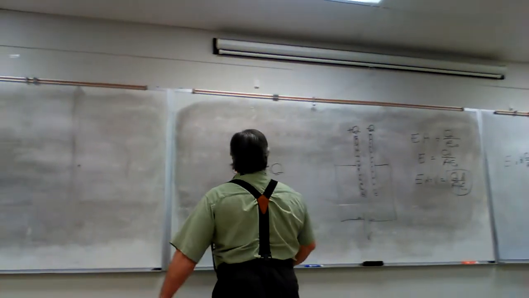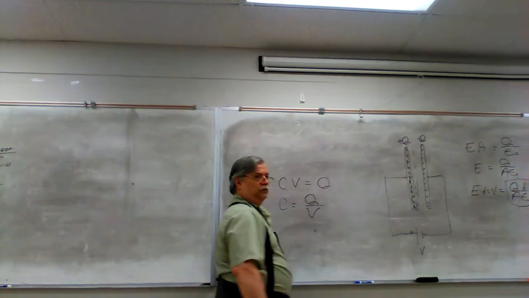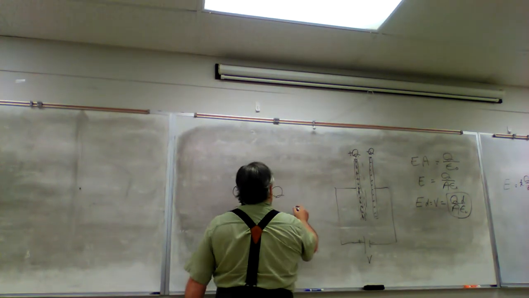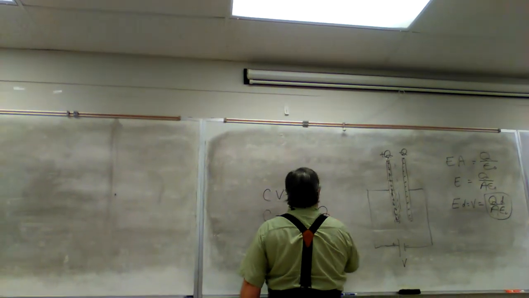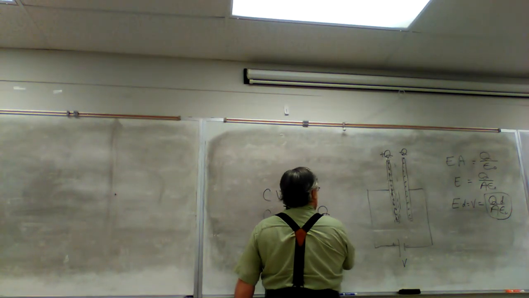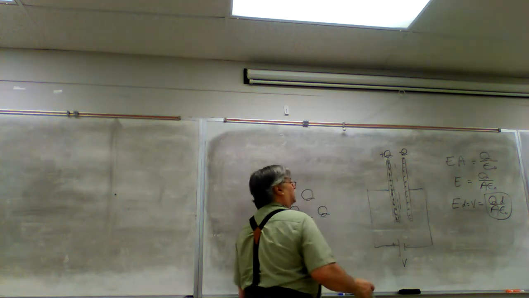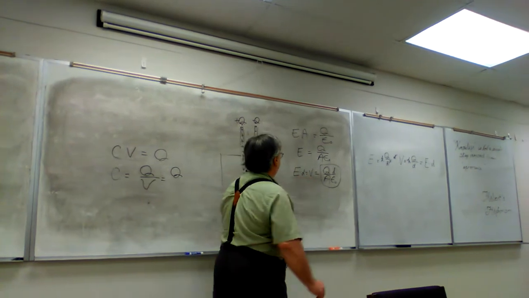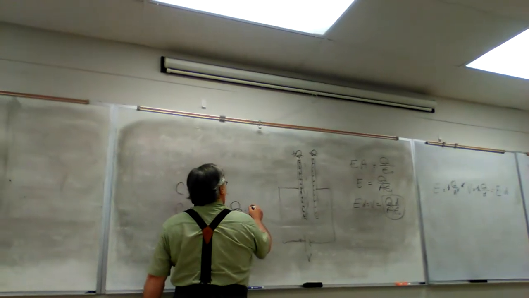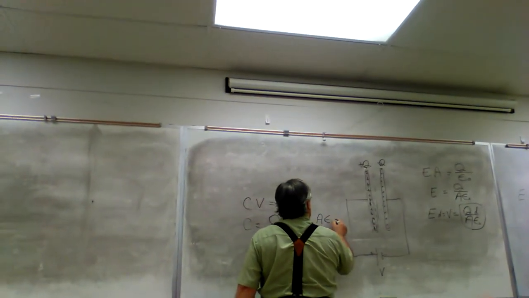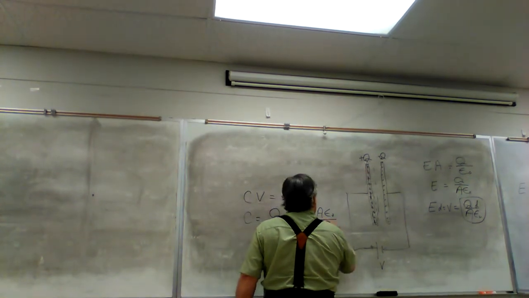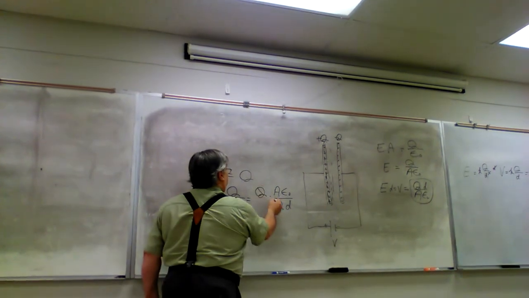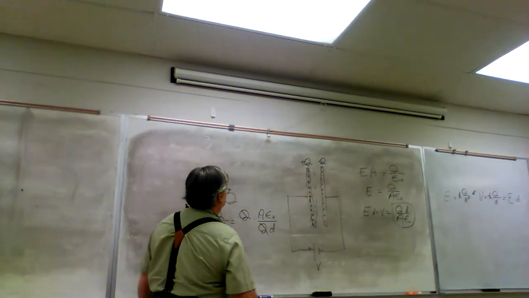But my capacitance is simply the charge Q divided by voltage. So, I put Q, and instead of dividing by this, I'm going to multiply by the reciprocal of this, times A epsilon sub naught over Q times D. Where those Q's cancel.